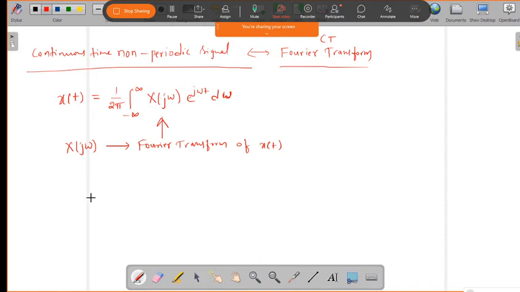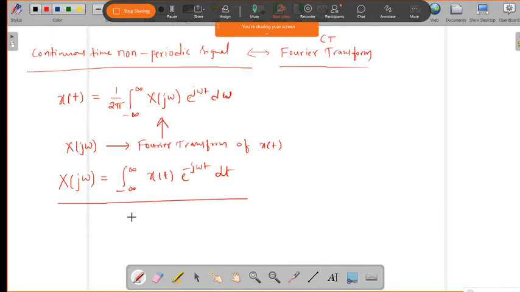So we can write the Fourier transform of this signal as the integral from minus infinity to plus infinity of x of t into e power minus j omega t into dt. This is the Fourier transform of the time domain signal x of t.